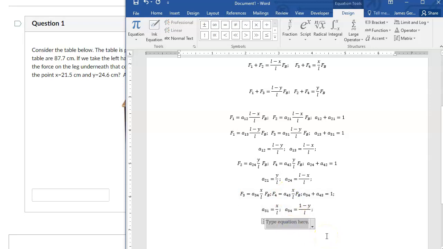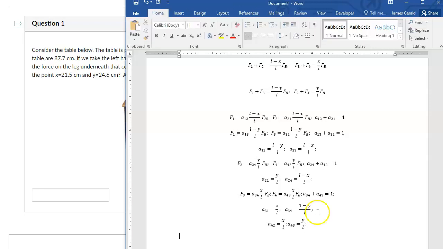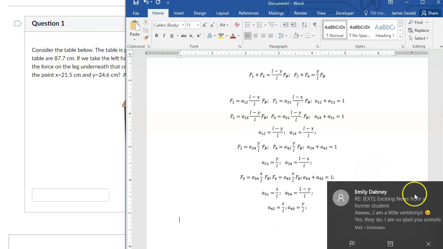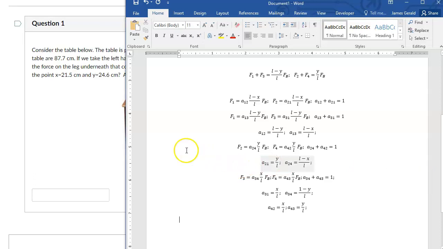So for F4, A42 would be X over L, and A43 would be Y over L. All right. So there you go.